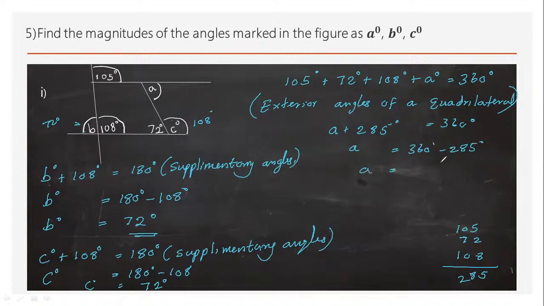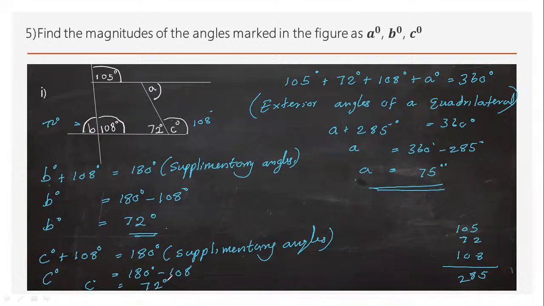A equals how much here? 75, no? Then subtract 5, remaining 5, borrow 1 to here. Then 15, subtract 8, 7. 75. Then A 75, B 72 and the C.